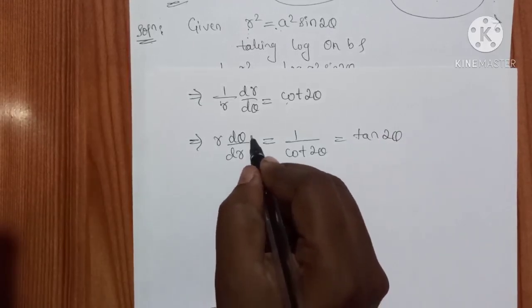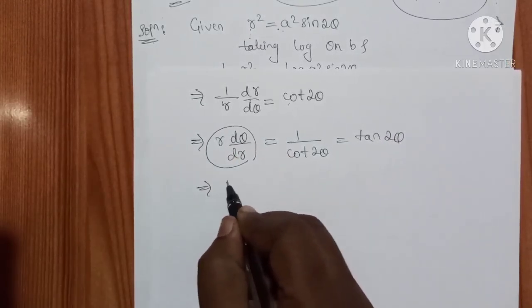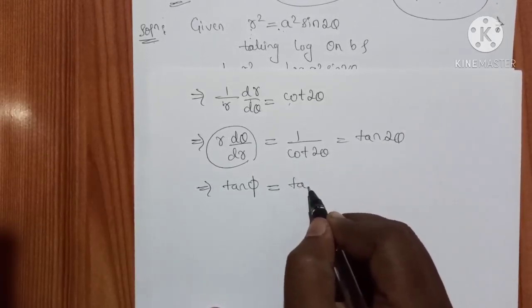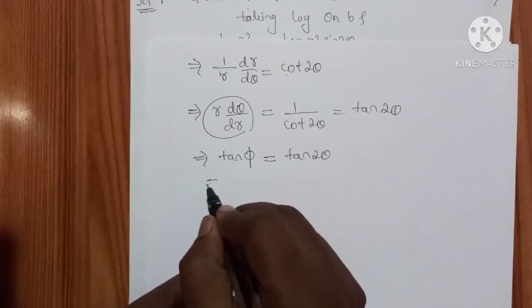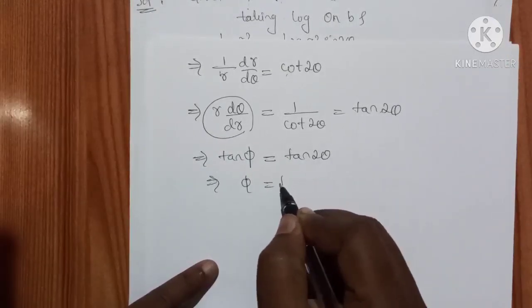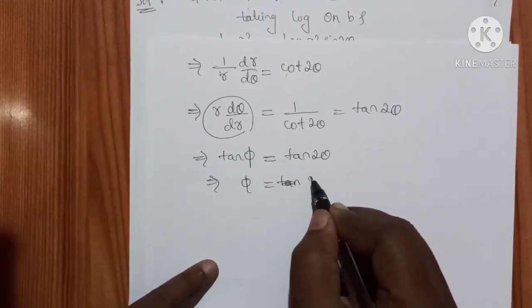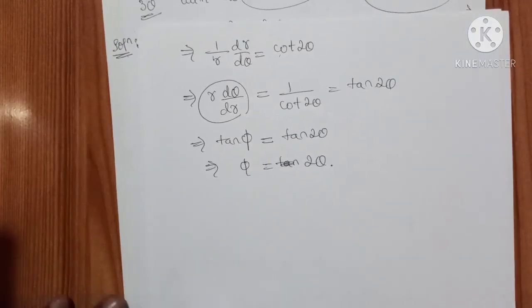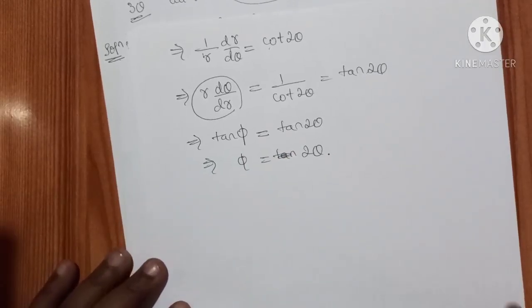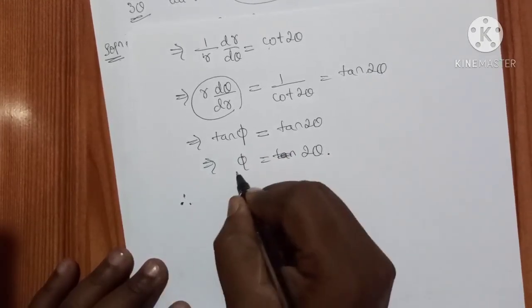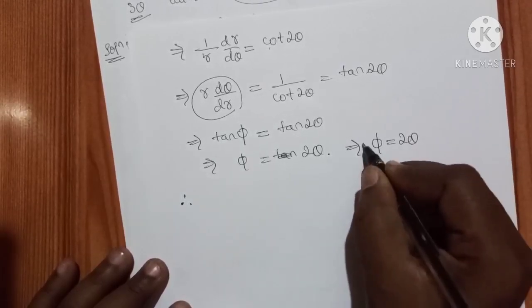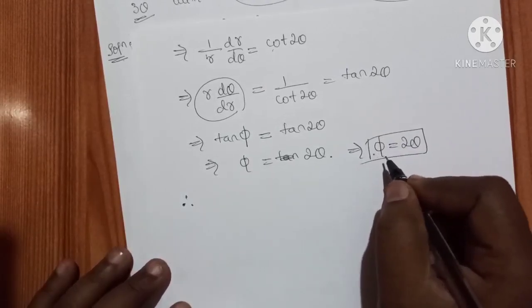So this is our tan phi value, equal to tan 2 theta, which implies that phi is equal to 2 theta. Okay, so this is our phi value, but we don't need the angle here.